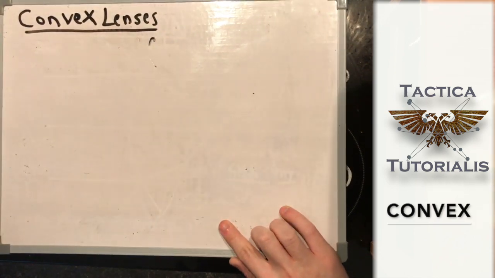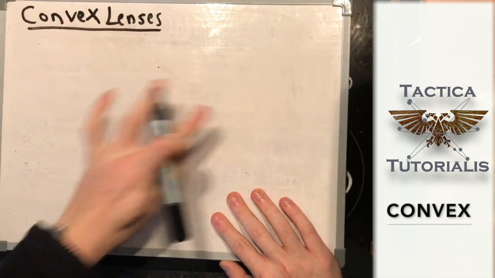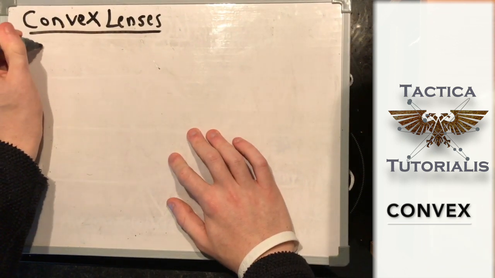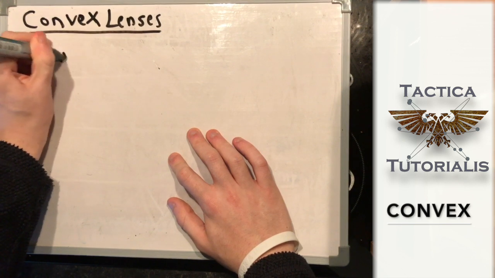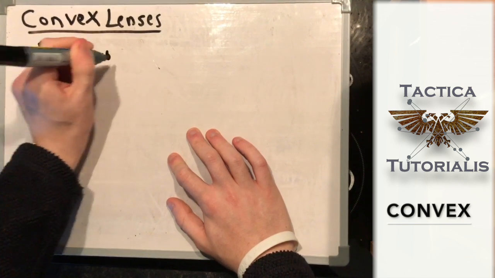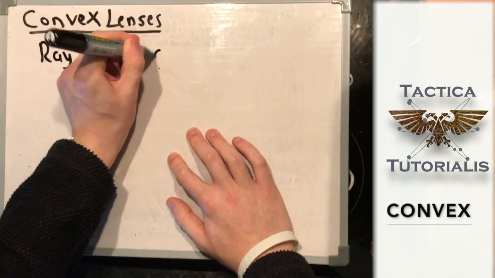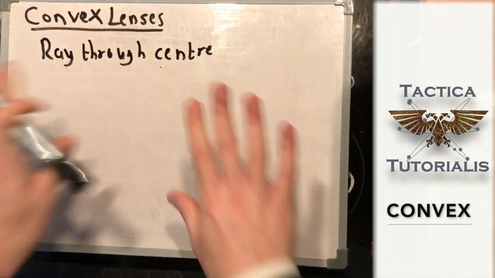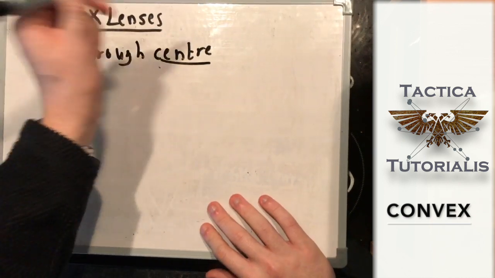So, key takeaways for a convex lens, and we will do ray diagrams in a moment, but here are the key takeaway points. So, the ray through the center. Now, I'm going to write in a bit of shorthand. I suggest you write in longer form than this, but I have only got so much whiteboard space.